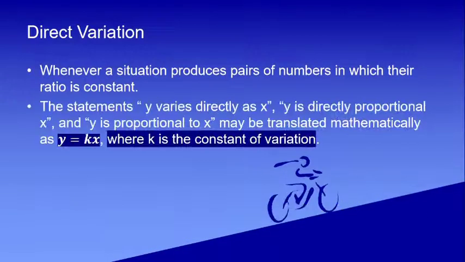The statements y varies directly as x, y is directly proportional to x, and y is proportional to x may be translated mathematically as y equals kx, or k times x, where k is the constant of variation. When we say constant, it is a real number, of course.